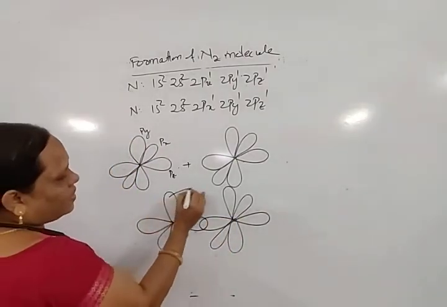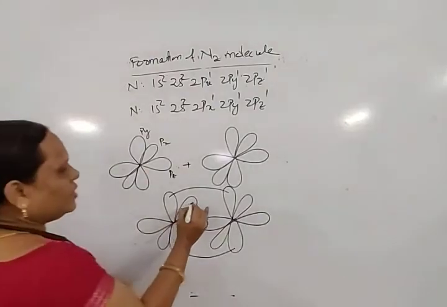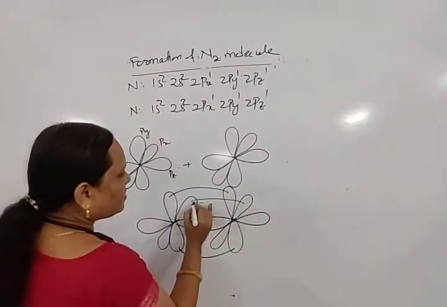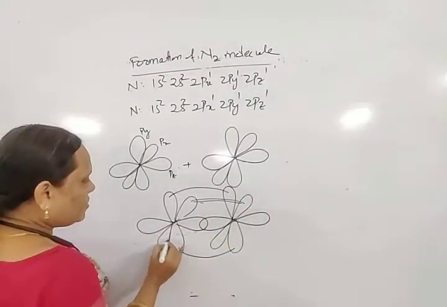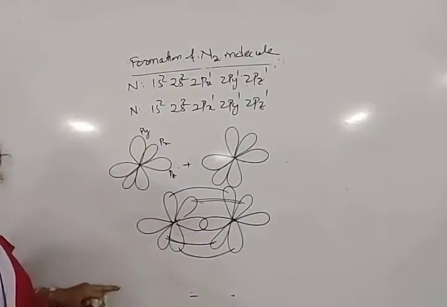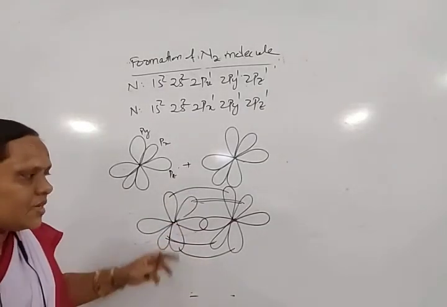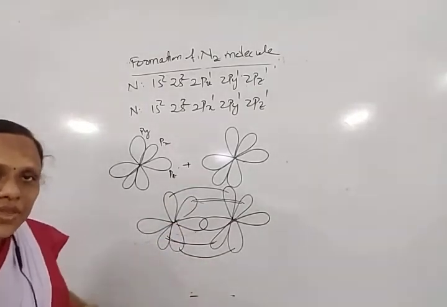Now overlapping of this and this takes place. Similarly, overlapping of this and this takes place. Okay, so I have given double mark, single mark, so that you can identify in which direction they overlap.